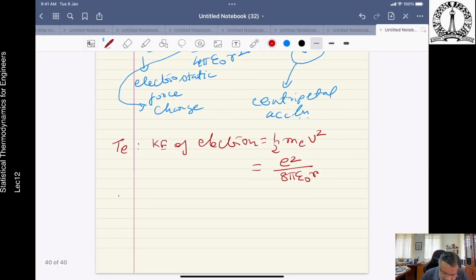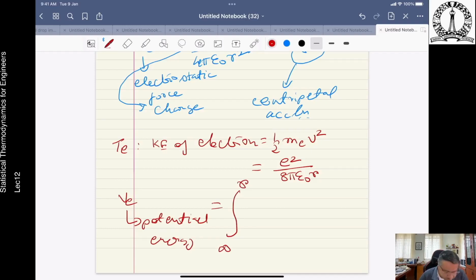Therefore, Ve, which is the potential energy, is different. It's not the velocity. This is the kinetic energy of the electron, and that is the potential energy of the electron. It is from infinity to r.